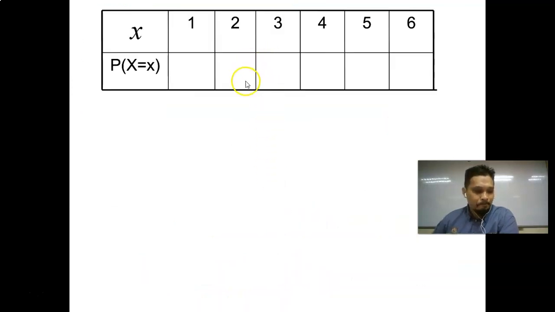So now, the result of the previous: 1 over 6, 1 over 6, 1 over 6, 1 over 6, 1 over 6, and 1 over 6.